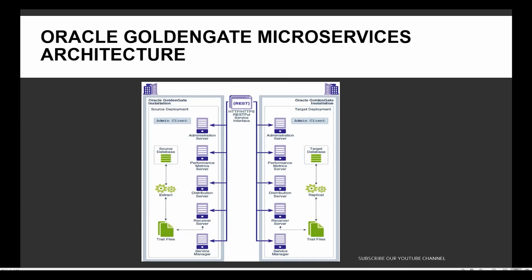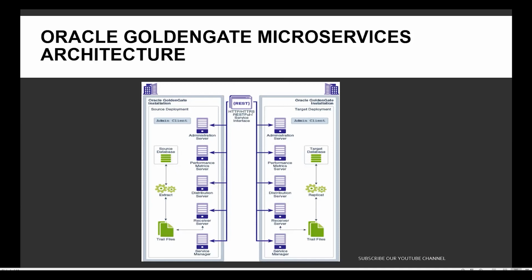On the source setup, we'll find the service manager, and then the receiver server, distribution server, performance metric server, and administration server. These are the 5 main components of your microservices architecture, and this applies to both source and target setups.